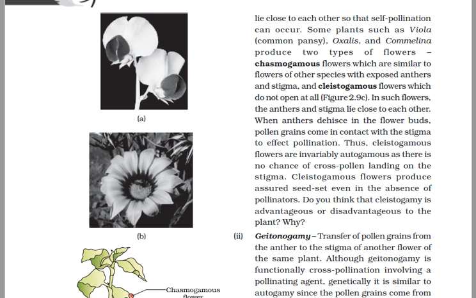Then, as I told you, we come to the agents of pollination in detail. Here the plants use either biotic agents or abiotic agents to achieve pollination. Pollination by wind is more common amongst abiotic pollination.